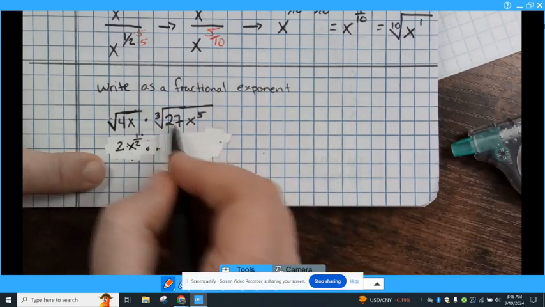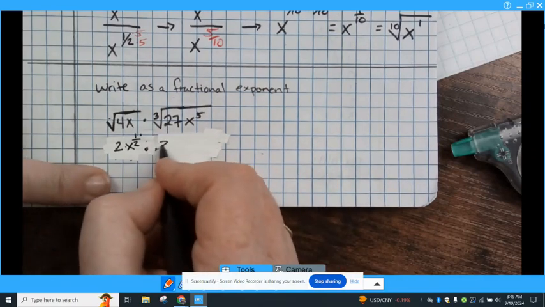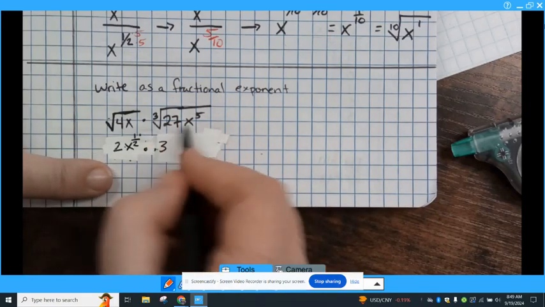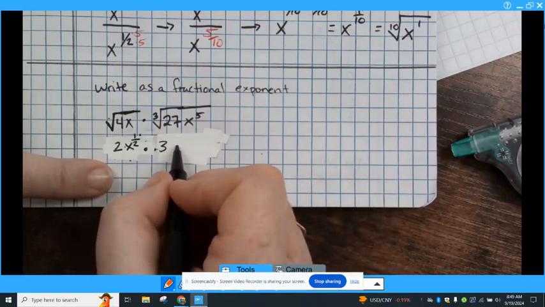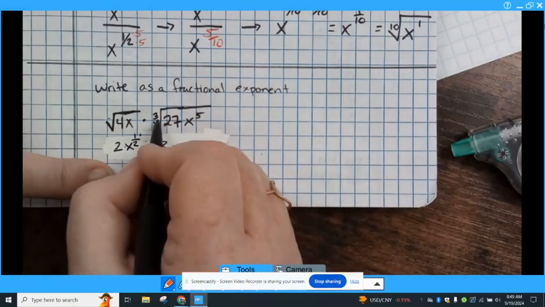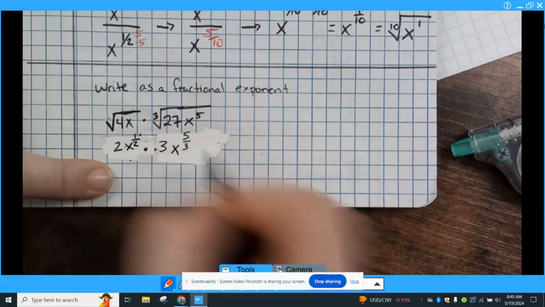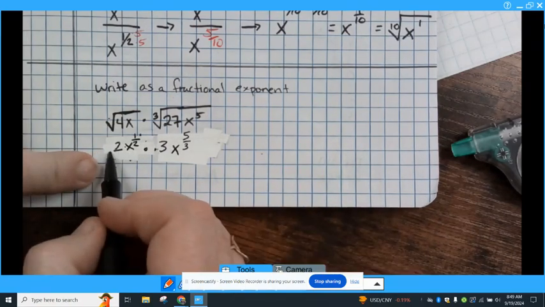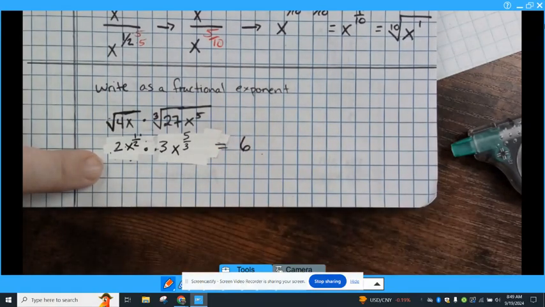Times the cube root of 27, which is 3. I'm not going to do the cube root of x to the 5th, so we're going to write that as an exponent: x to the, my denominator is 3, my numerator is 5. Now 2 times 3 is 6.